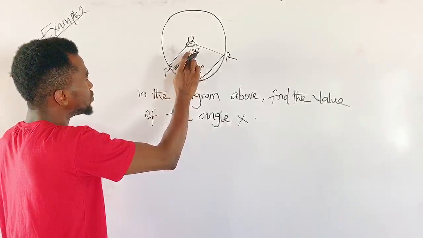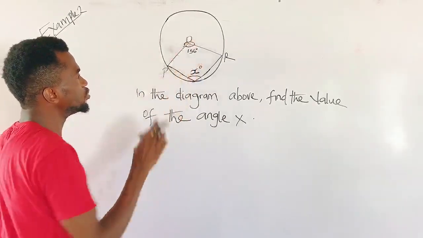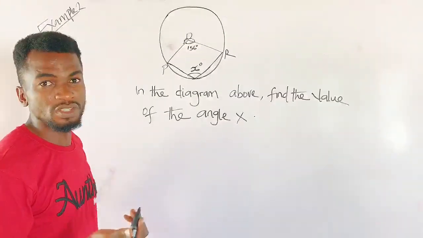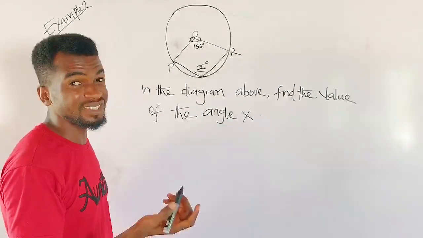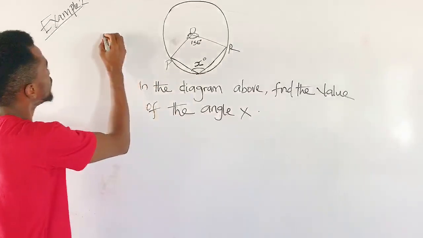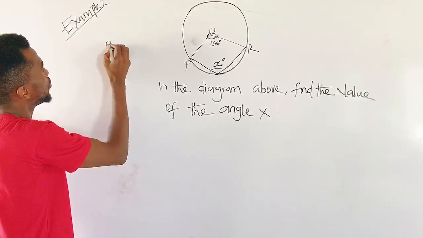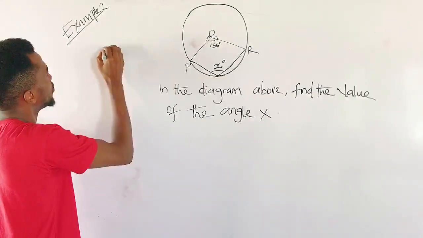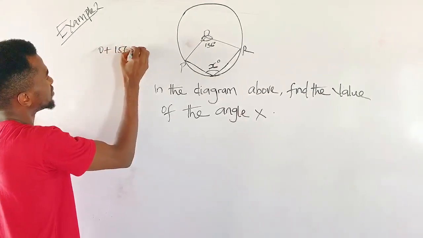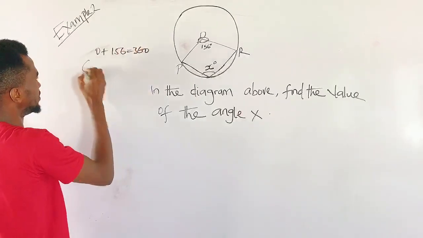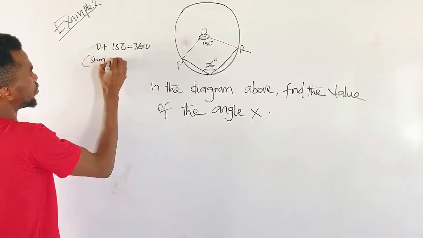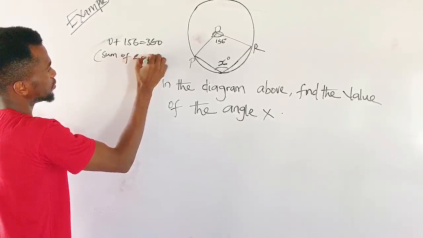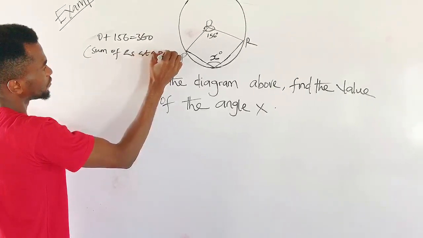Now for us to be able to get this angle O, we'll use sum of angles at a point, which is equal to 360. So angle O plus 156 is equal to 360. Reason: sum of angles at a point.